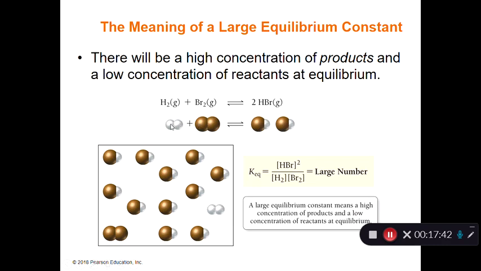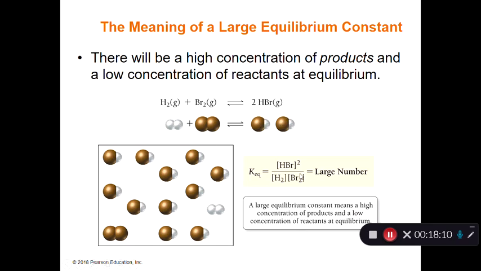Hydrogen is the gray or white one, and this brown color represents bromine. We are going to make HBr, white and brown. As you see here, we have many white and brown, many products, compared to the reactants.